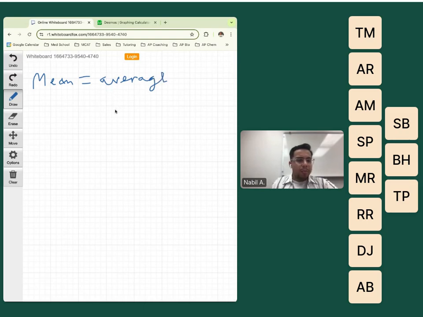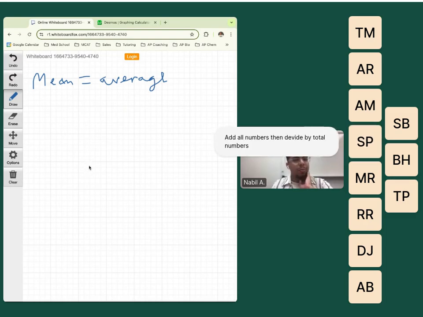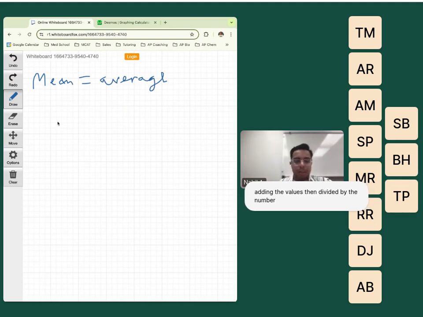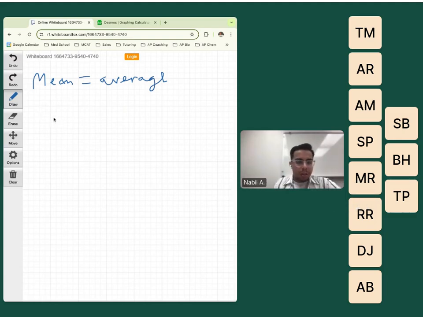And how would you find the mean? We kind of did this with the exam average question, but how would you find the mean? I'm looking for an expression of some sort. What would we need to do to find the mean of something? Yes, exactly. Awesome job.